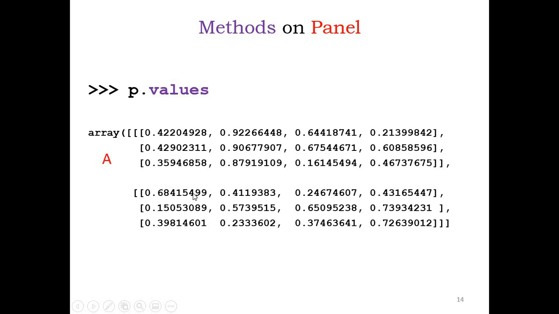This is A, this is B, item A, item B, because that way you created. This is your 0, 1, 2, 3, these columns, and these rows you have created with the indices A, B, C. Similarly, this is also A, small b, small c. So these are the three different axes.